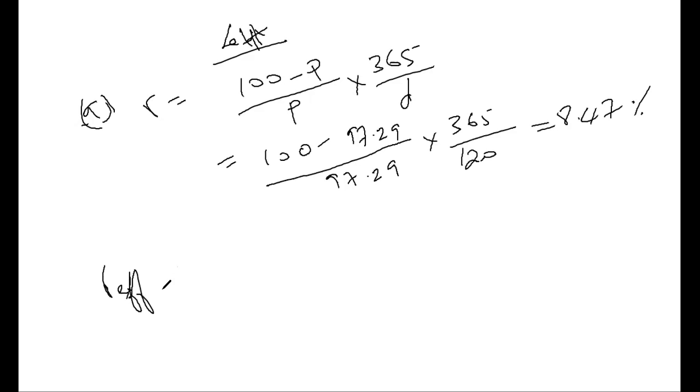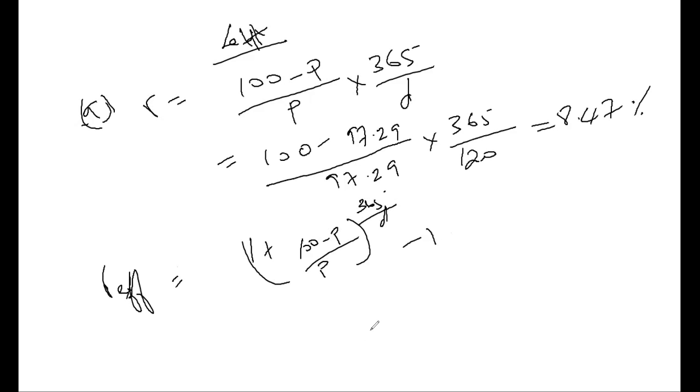So the effective yield would be 1 plus our formula over our formula here, and the general formula would be 365 over D, minus 1.